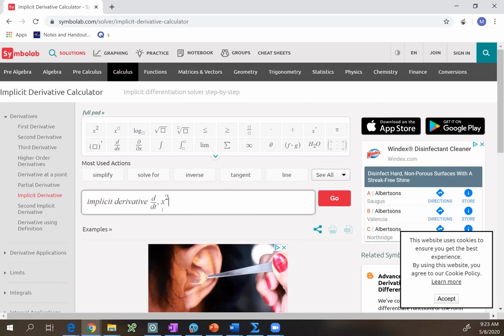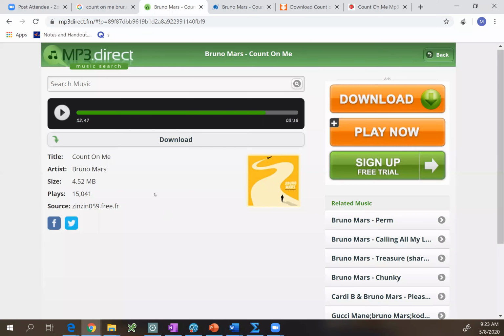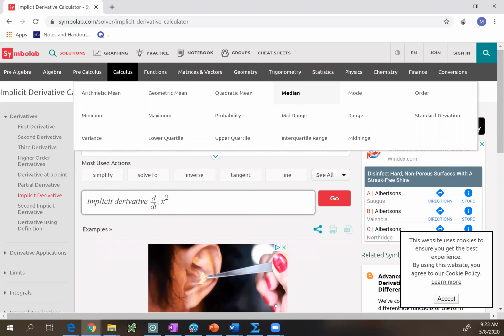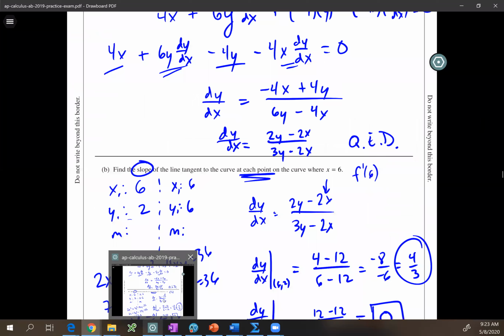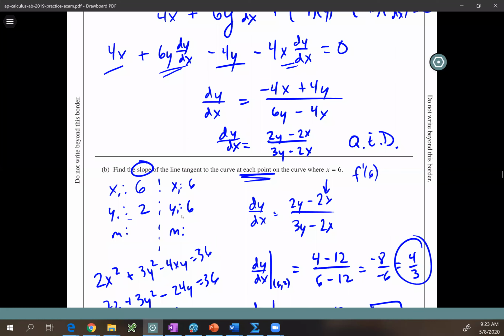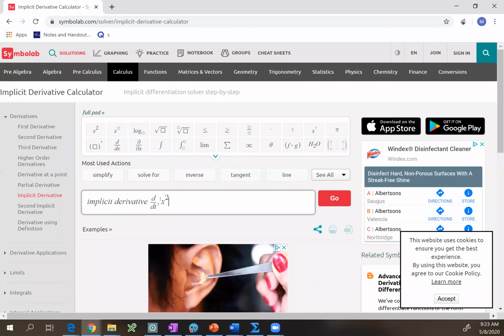Of x squared, what was our equation that we just had? Let's see. 2x squared plus 3y squared minus 4x. Again, even on Symbolab, you want to make sure that you do times.